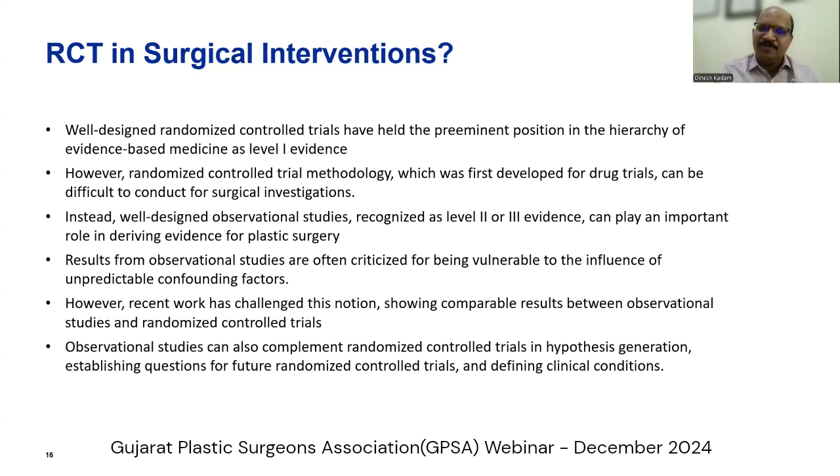That gives enough data or evidence to prove or disprove, or to follow and provide guidelines for the next level of research. And in fact, observational studies can act as a good source of hypotheses for RCTs also.